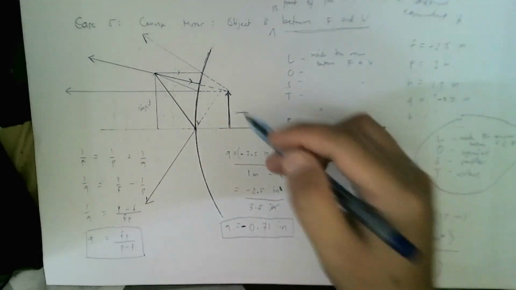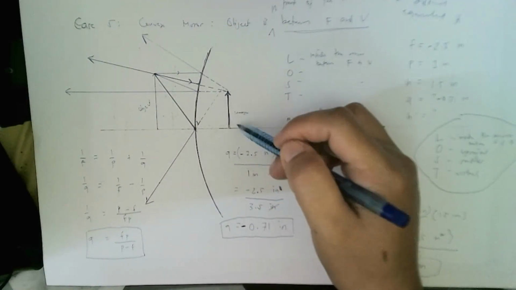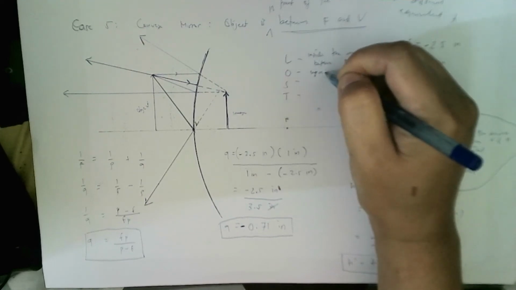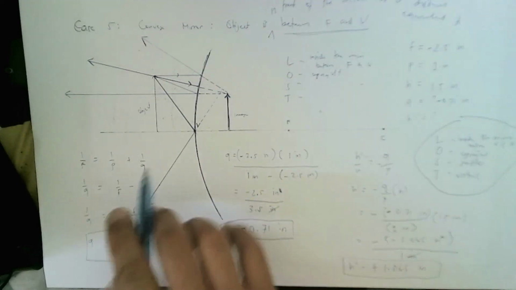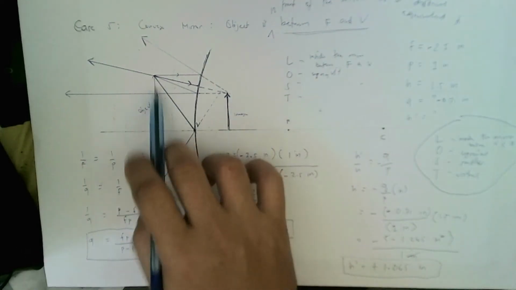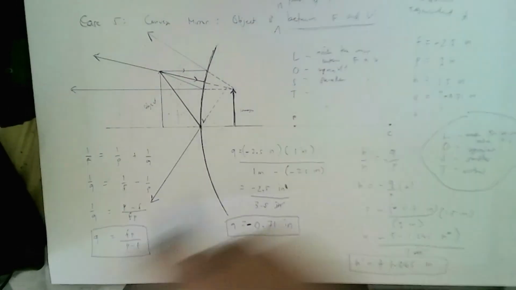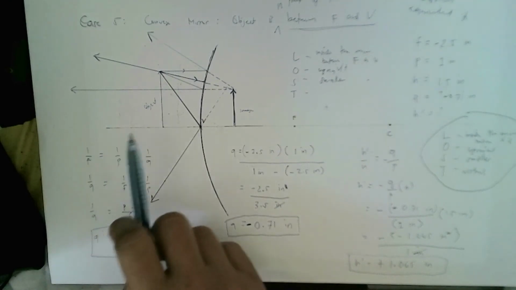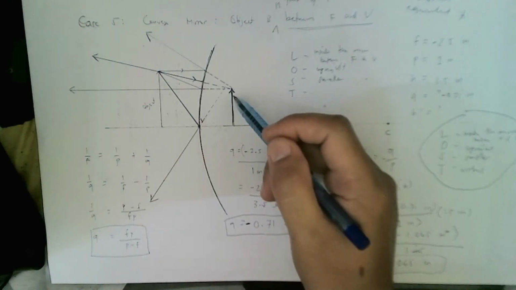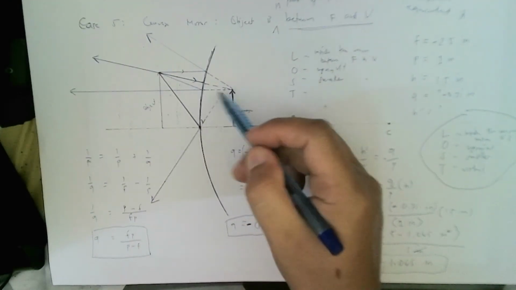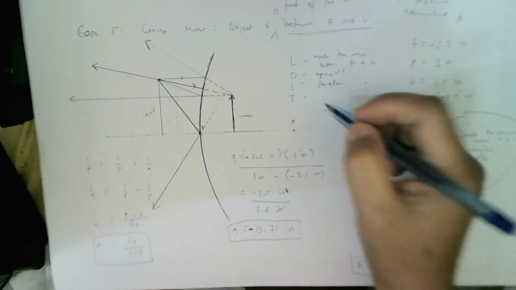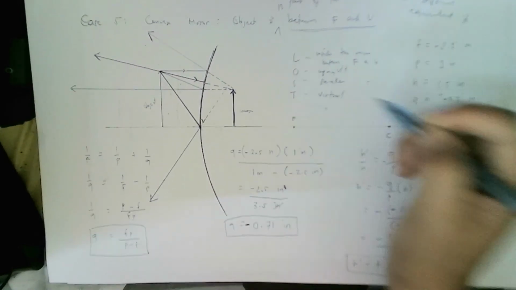How about the orientation? Well, you know that it's upright. It's not inverted. How about the size? Well, this is the original size. This is the size of the image. It's smaller. How about the type? Well, you see that this image is formed by retracing the light rays. It's inside the mirror, so it should be virtual.